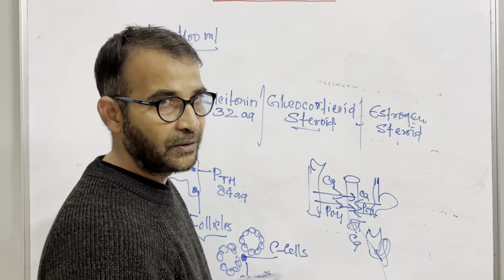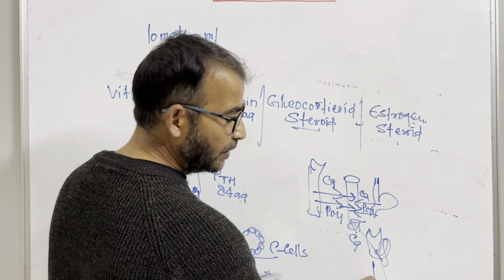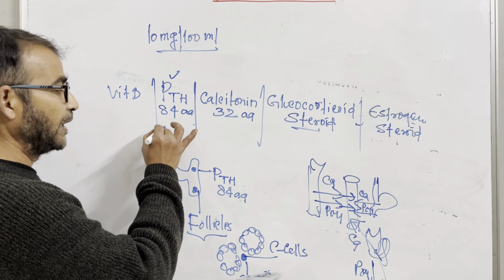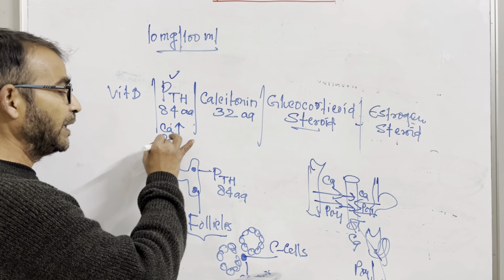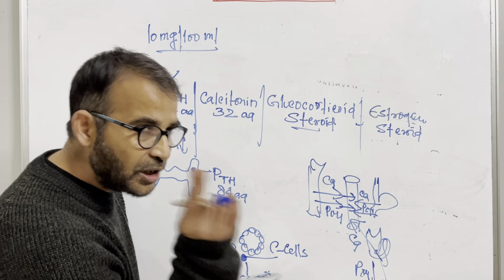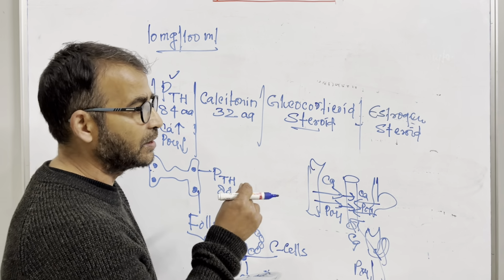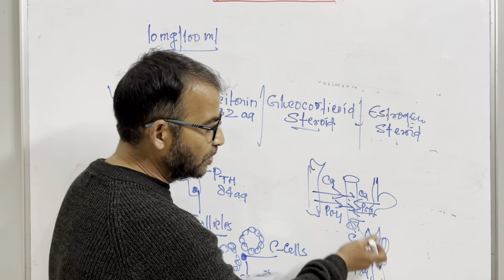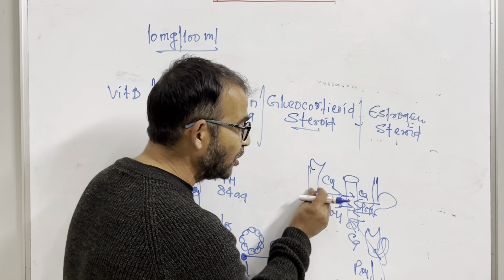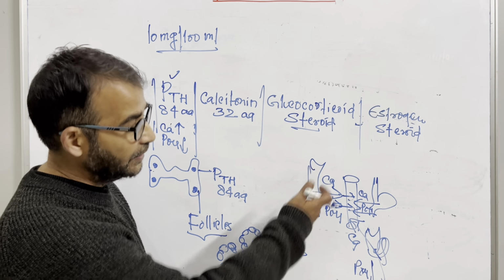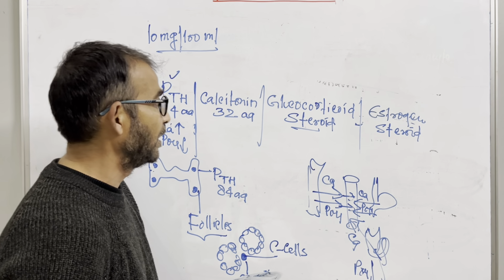The phosphate decreases because it allows the phosphate to be excreted from the nephron. So in short, the calcium concentration increases and the phosphate concentration decreases with parathormone. The osteoclast is the cell responsible for reabsorption. It demineralizes the calcium and the phosphate, and the calcium level inside your blood increases.